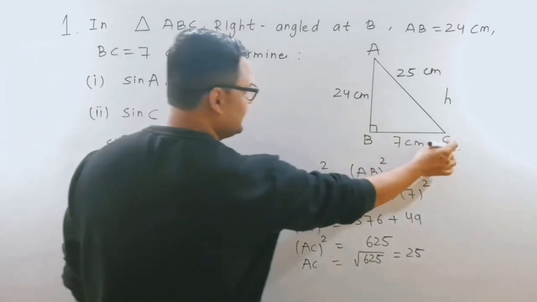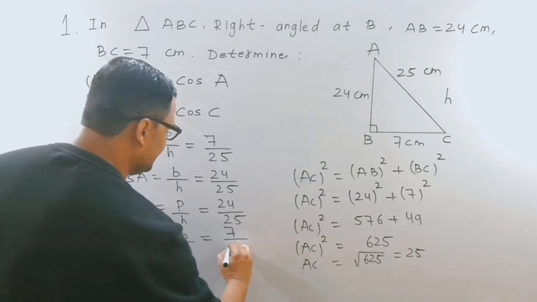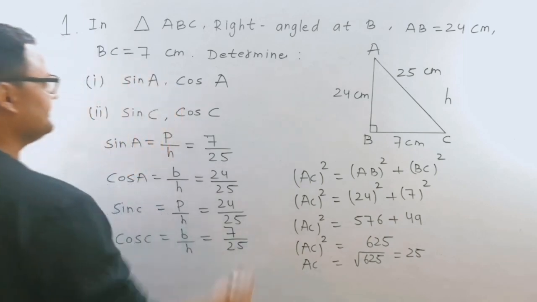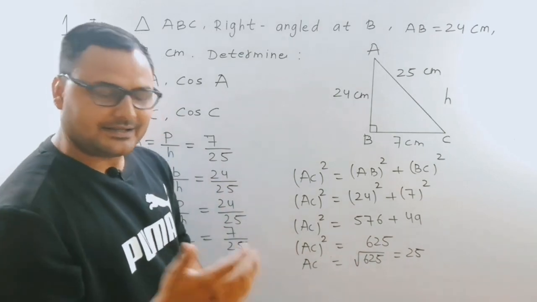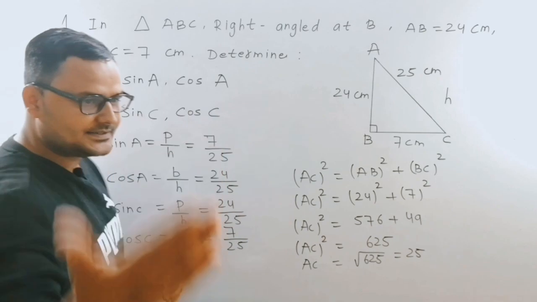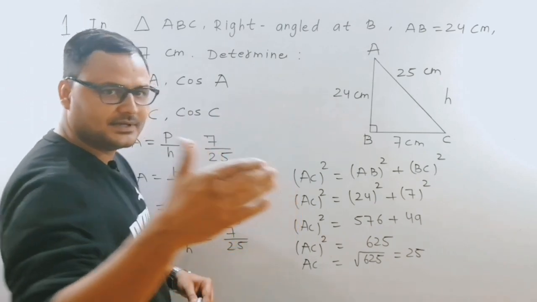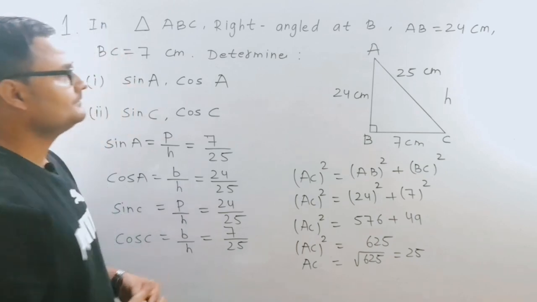For this angle C, BC is the base, that is 7 by 25. So this is the first question. Again, if you have doubt in this one, watch the basics of Pythagoras from the description box. Then it will be easy for you.